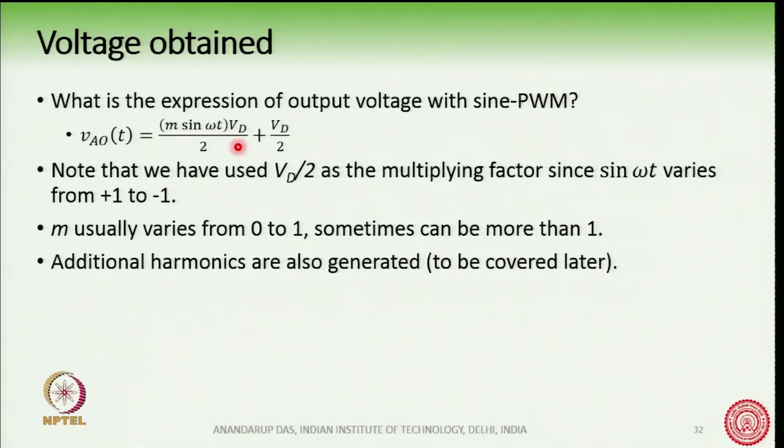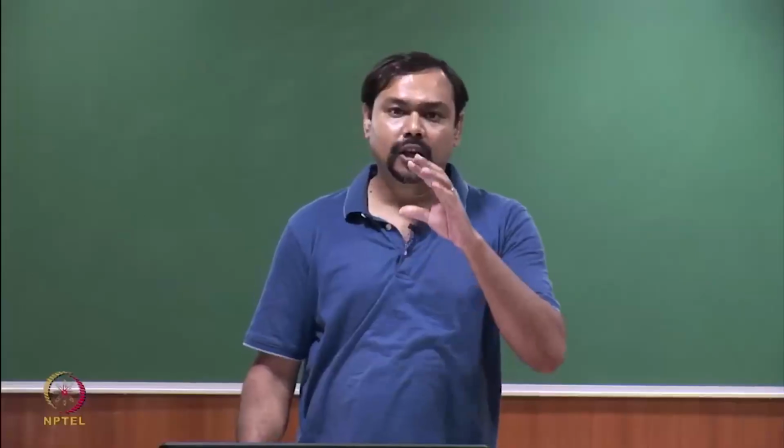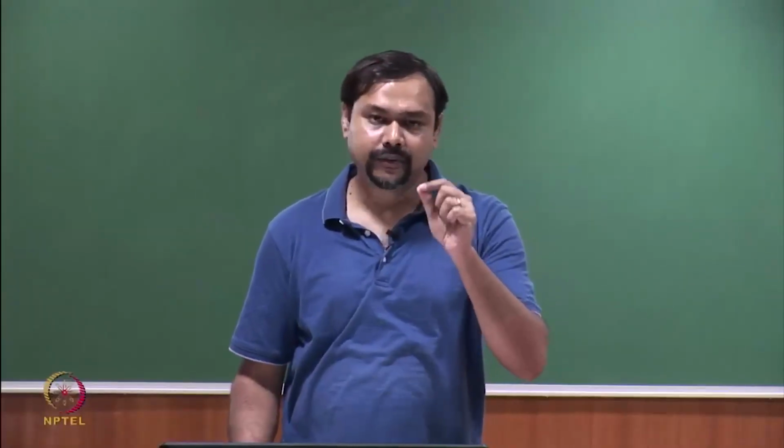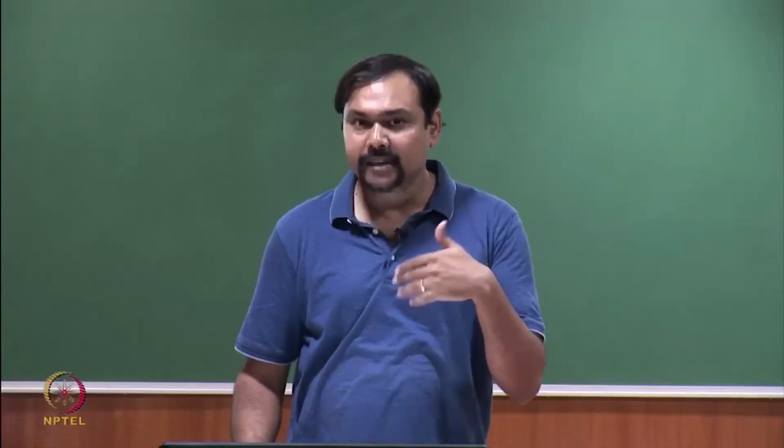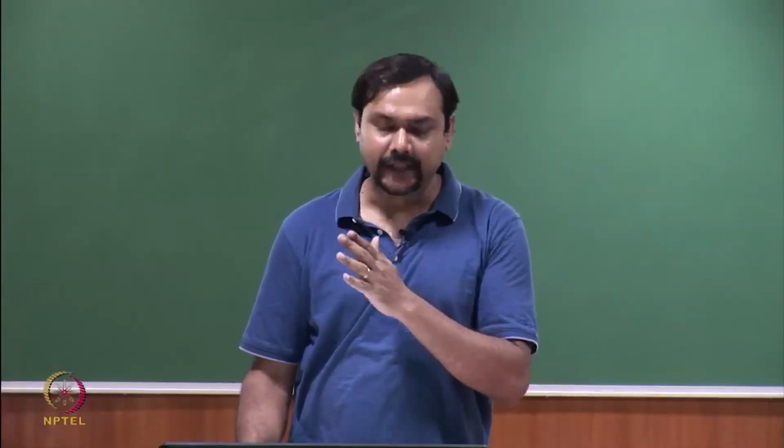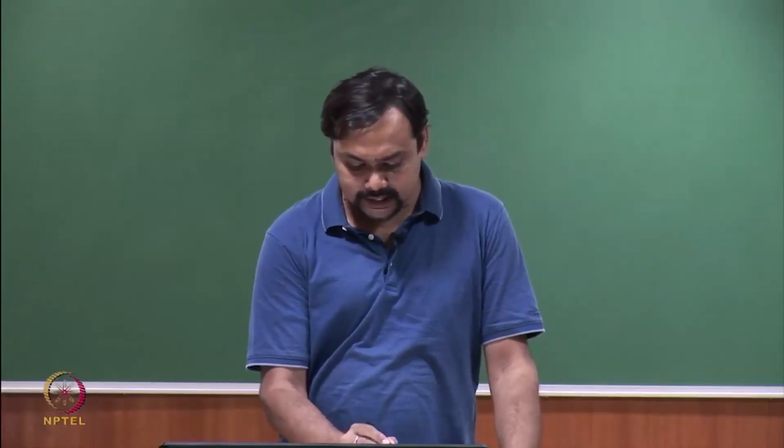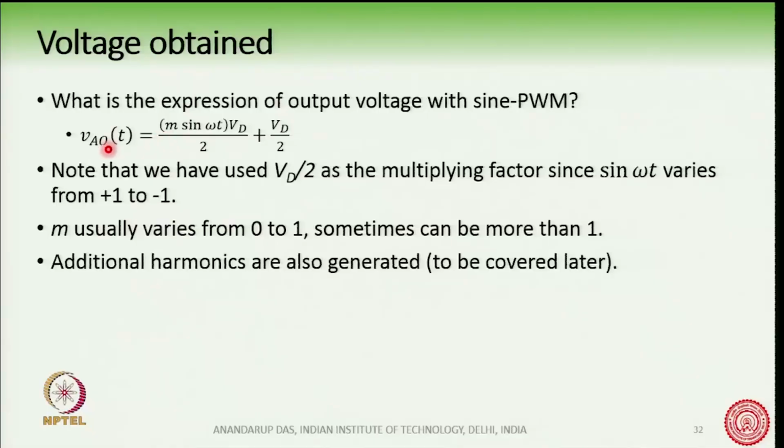So, the pole voltage VAO has two parts, one is the AC part and one is the DC part. The DC part comes because of the choice of the reference point. If the reference is chosen in such a way that the DC part vanishes, then we can say that VAO(t) is m sin omega t into Vd by 2.